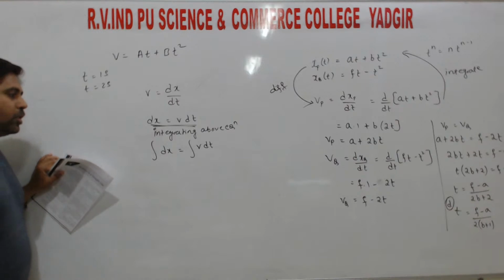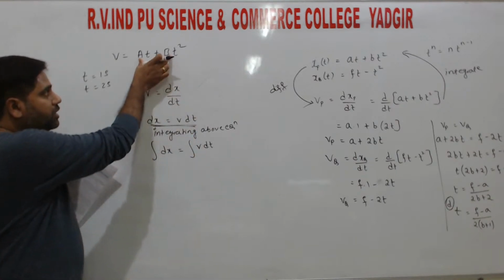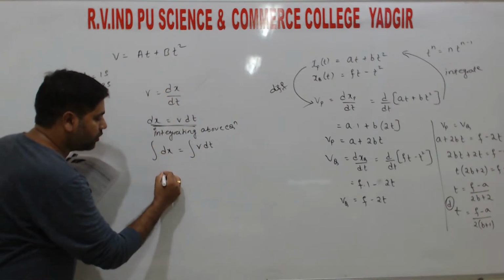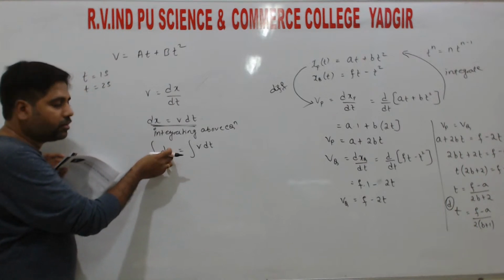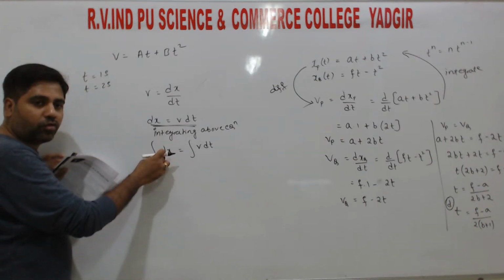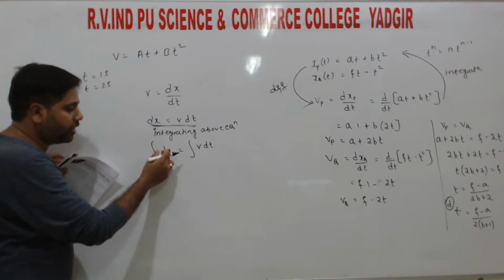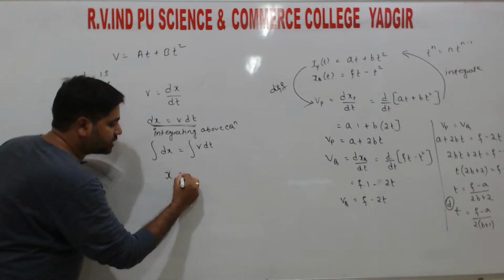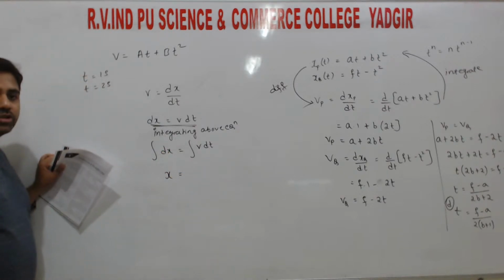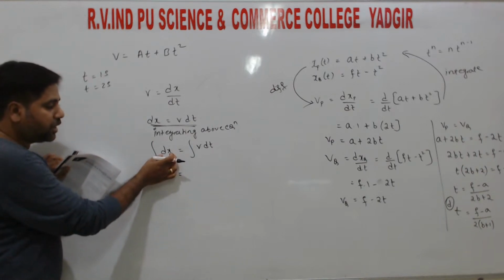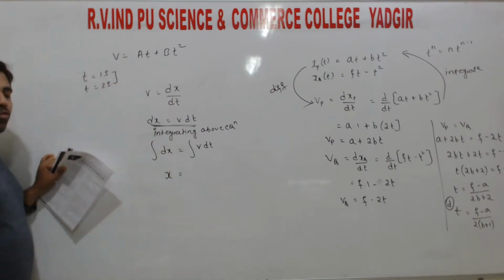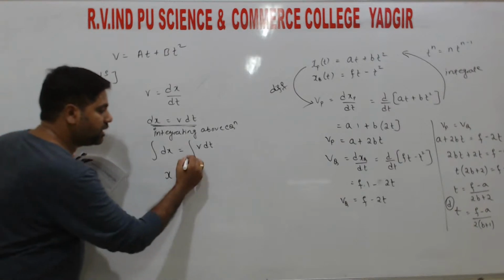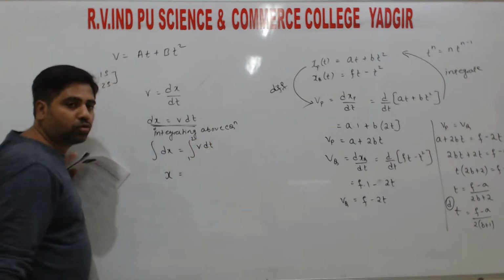The integral of dx gives x. We need the displacement in the time interval from 1 second to 2 seconds, which means the limits are from 1 to 2.